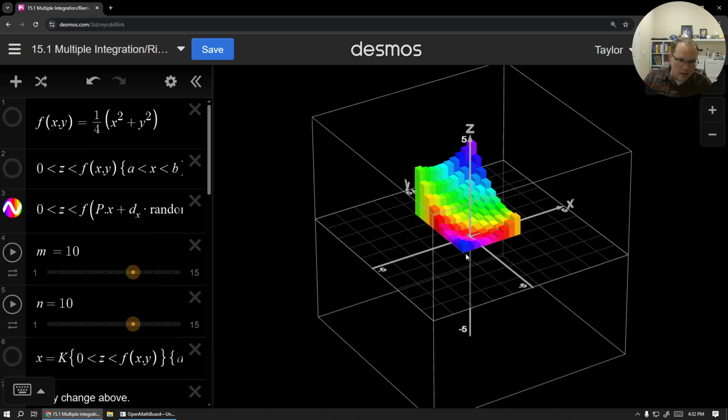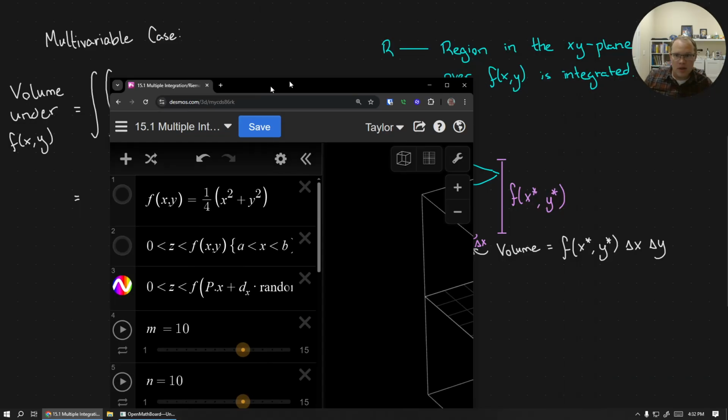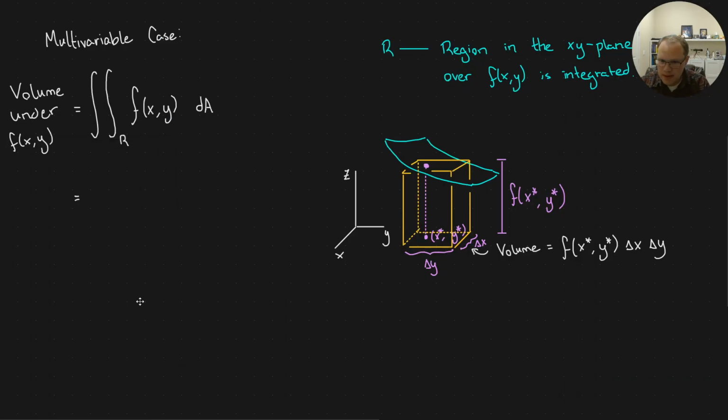I have rectangles going in the x direction, and I have rectangles going in the y direction. There are two dimensions where I can move here. And so I'm going to need two summations, one for the x direction, one for the y direction.